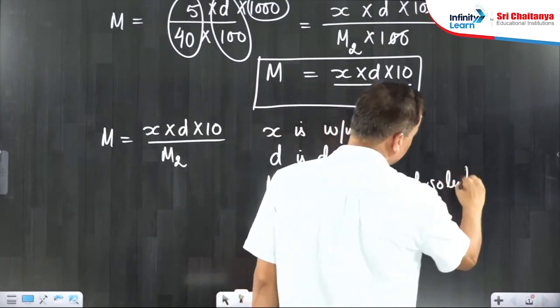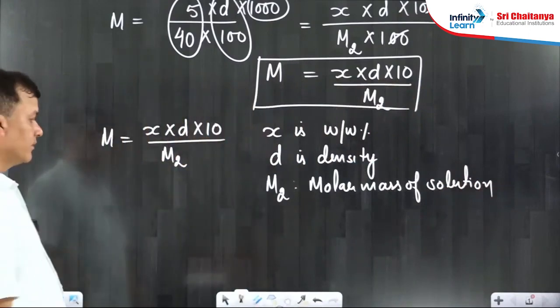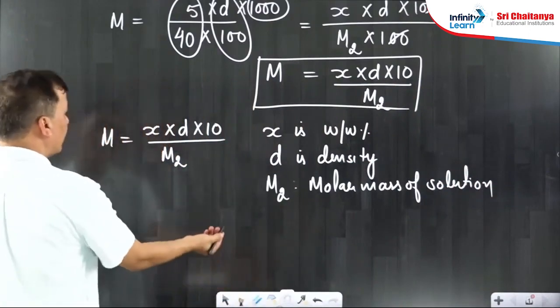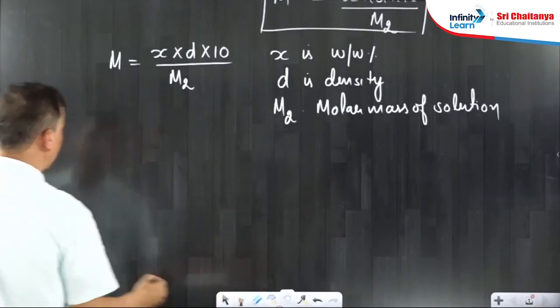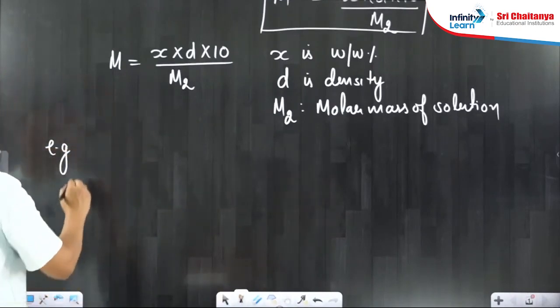My dear student, important one. So many times questions related to this one are there in NEET. So, for example, I am quoting one simple example. After that, we will explain about that.